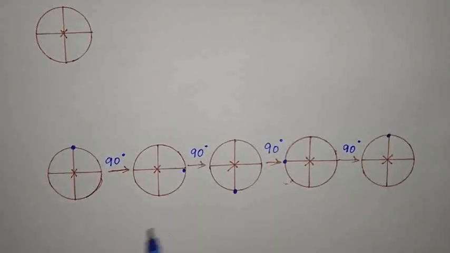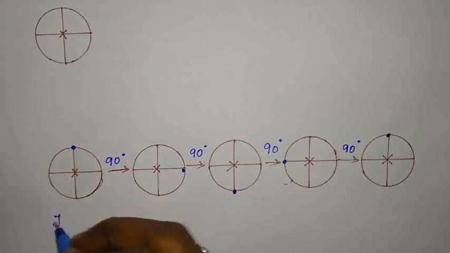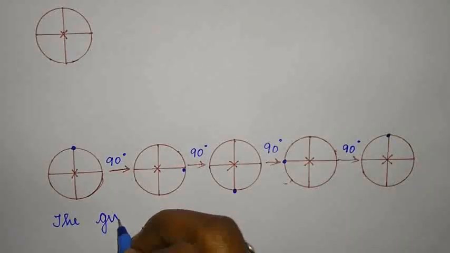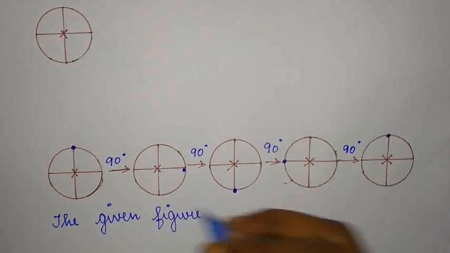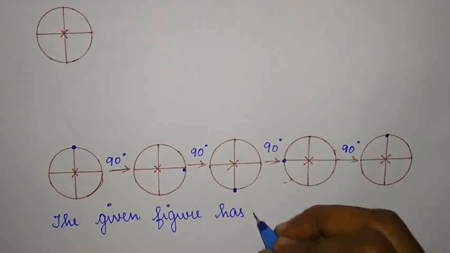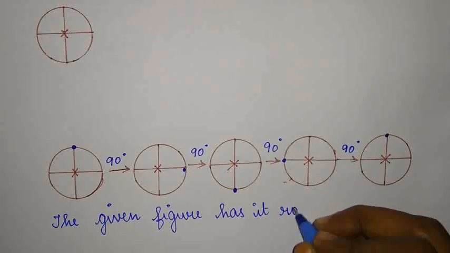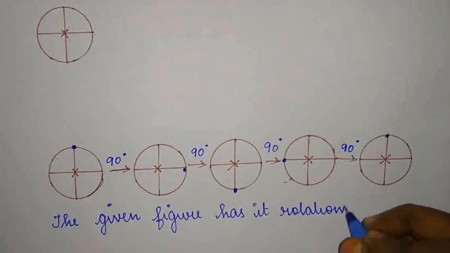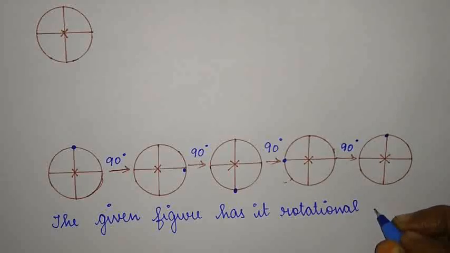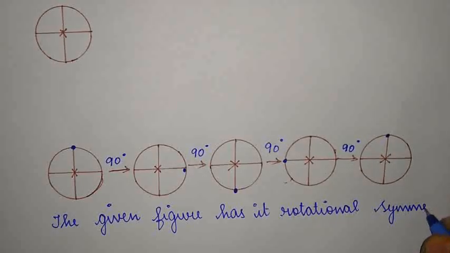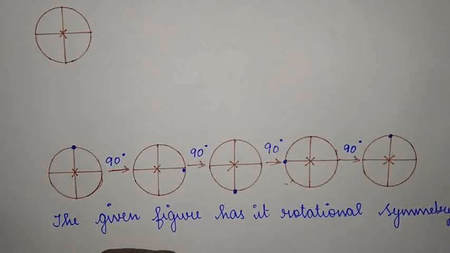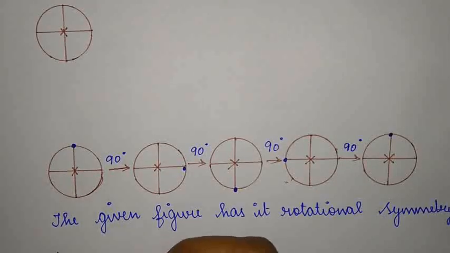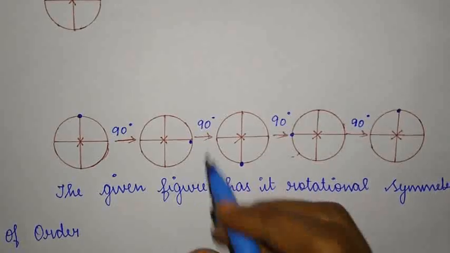So we can write here: the given figure has a rotational symmetry of order 4.